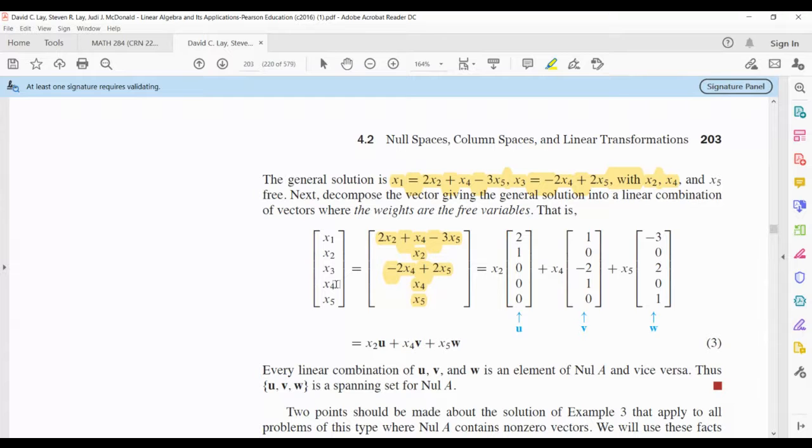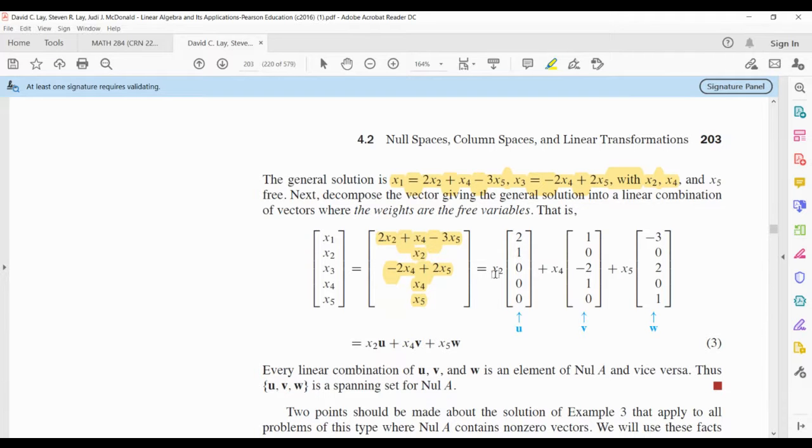First of all, they say the null space would be a subspace of R5 because you have 5 variables you're solving for. Then they write the general form of a vector in the null space, and write it out in parametric vector form.